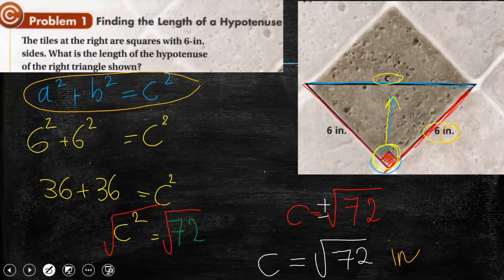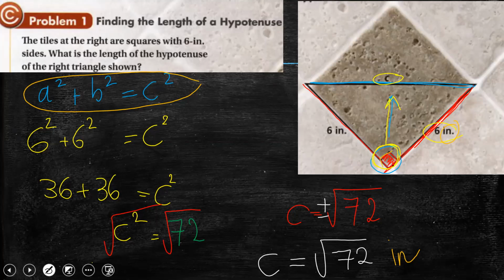The Pythagorean theorem: A squared plus B squared equals C squared. To solve it, I need to identify where is A, where is B, and where is C, and just then substitute. To find C, we must look at the right triangle. Where's the right angle here?